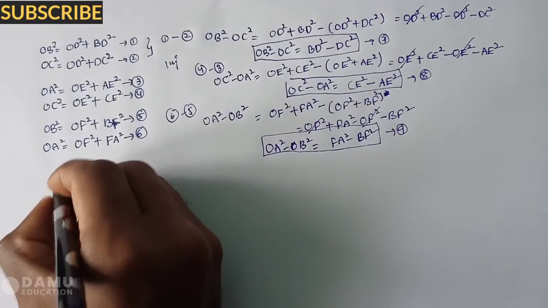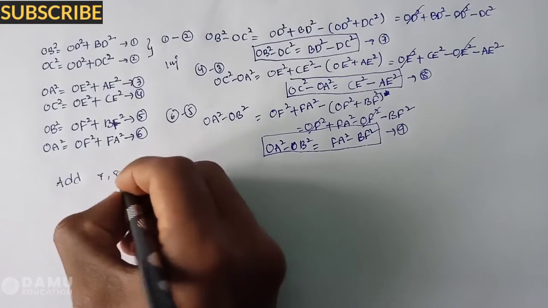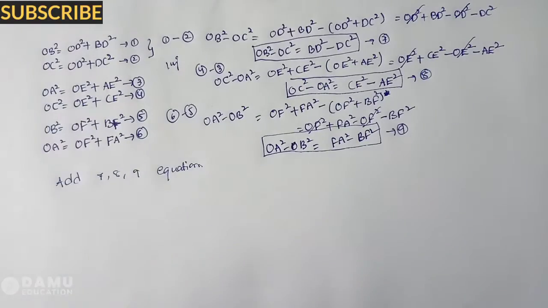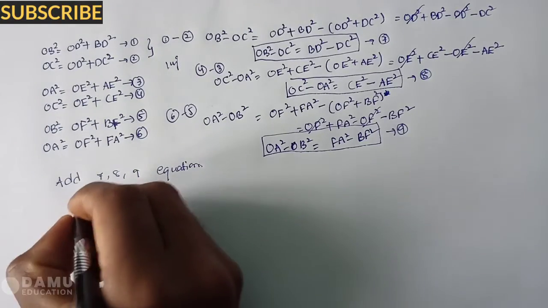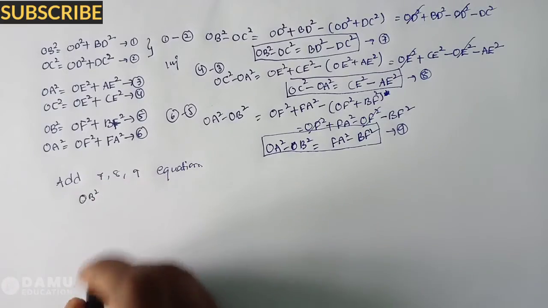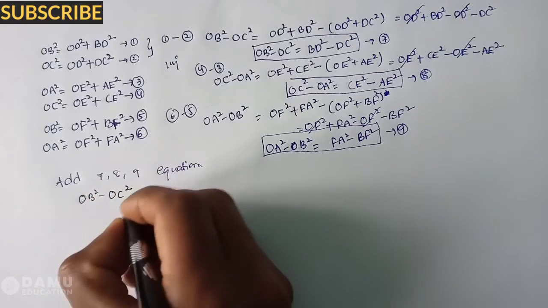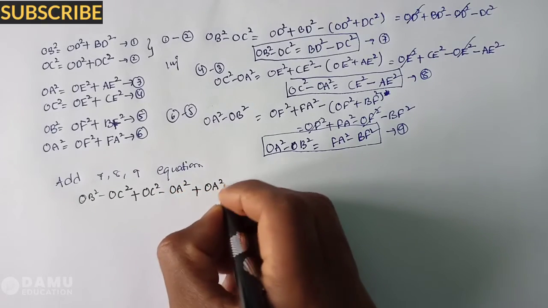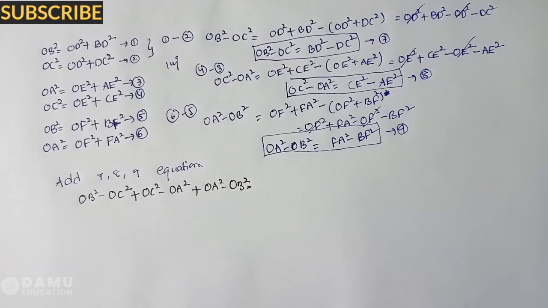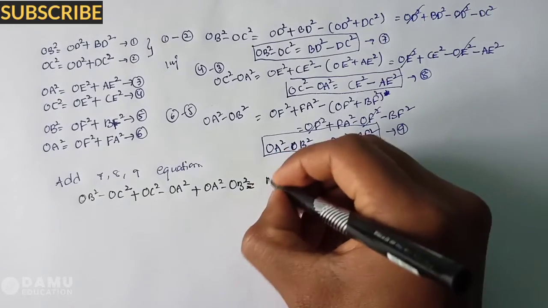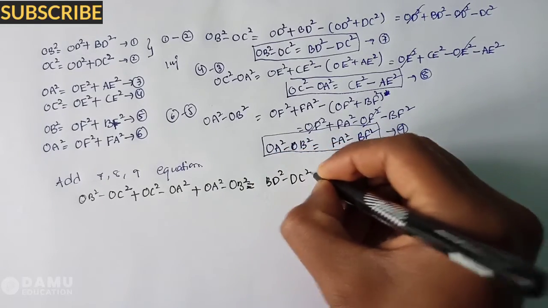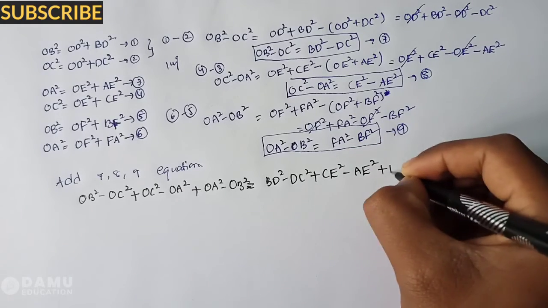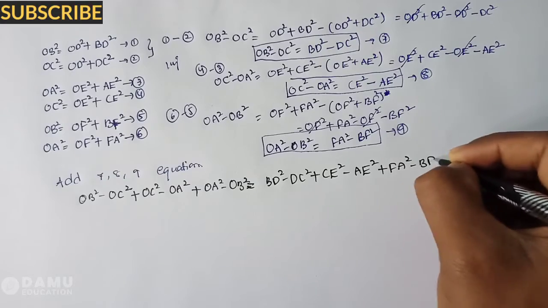So if you add equations 7, 8, 9, left side and right side, we get OB square minus OC square plus OC square minus OA square plus OA square minus OB square, which will be equal to BD square minus DC square plus CE square minus AE square plus FA square minus BF square.